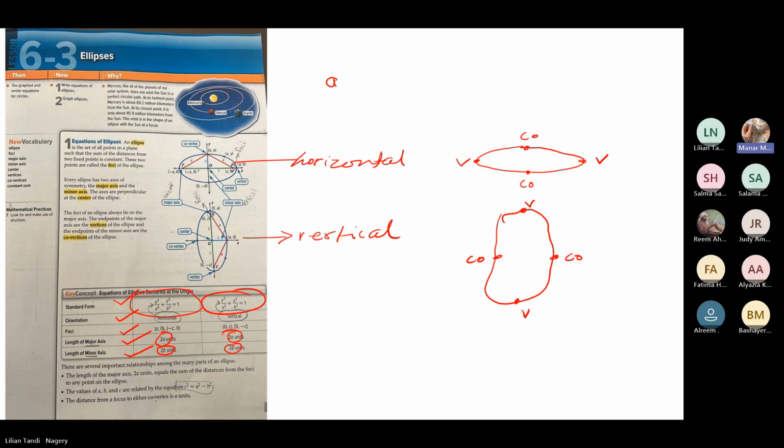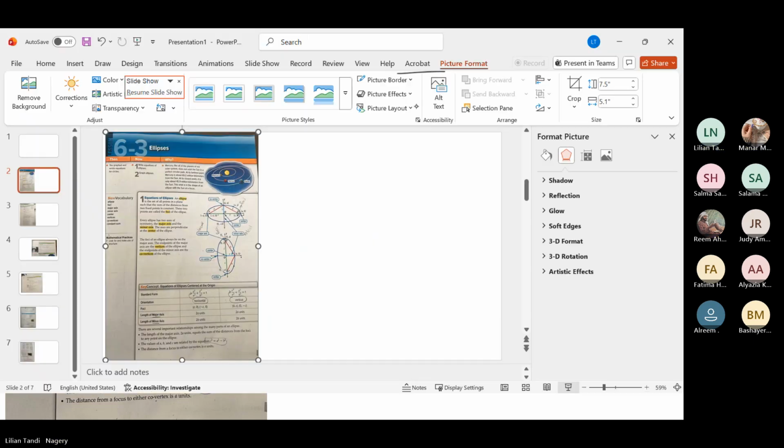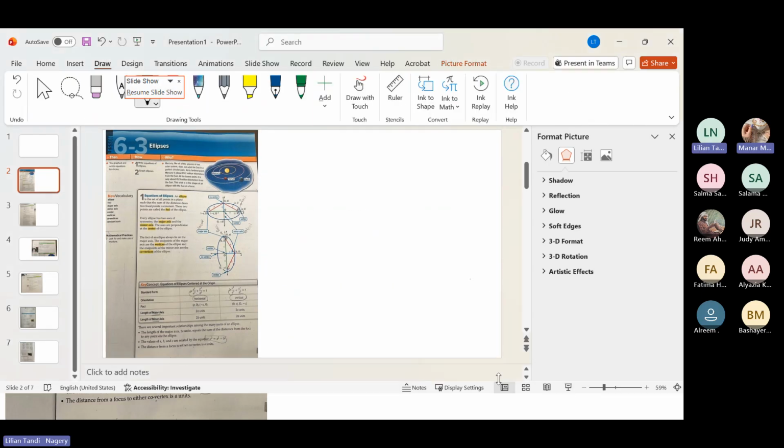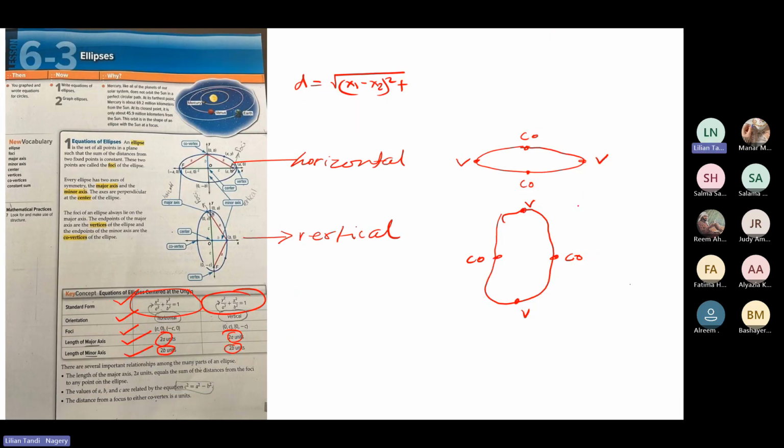The distance formula, you learned it in circles. D equals the square root of x1 minus x2 squared plus y1 minus y2 squared.